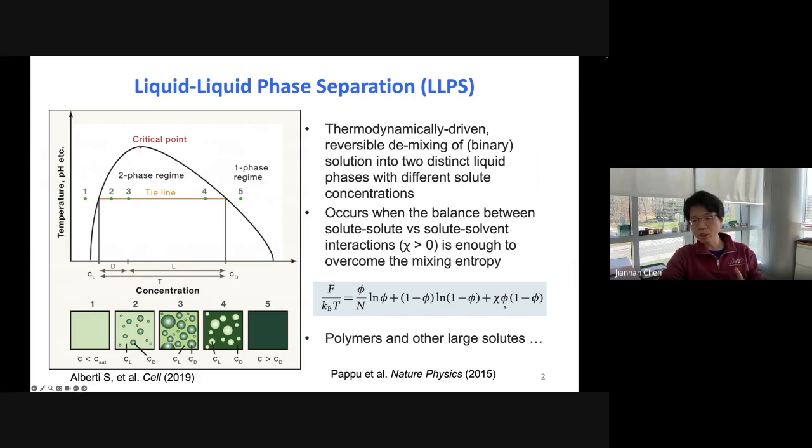If the solute-solute interaction is strong enough, then when they come together to form a condensed phase, they need to overcome the demixing entropy. If the proteins can stick to each other strongly enough to overcome the entropy of forming a more condensed phase, then this will happen.